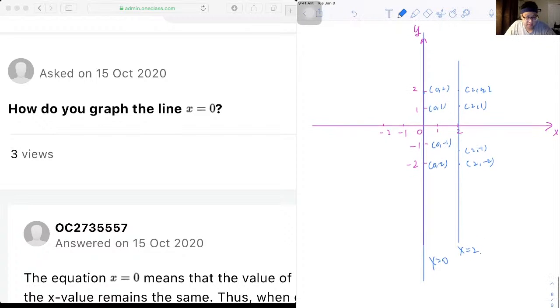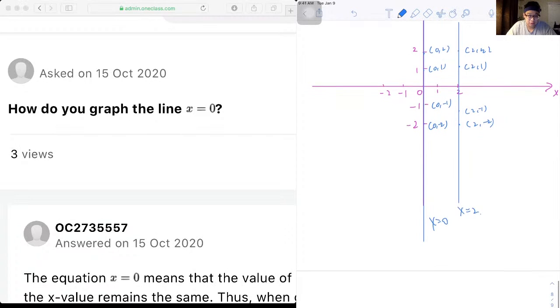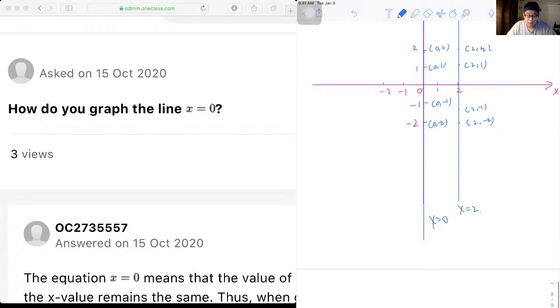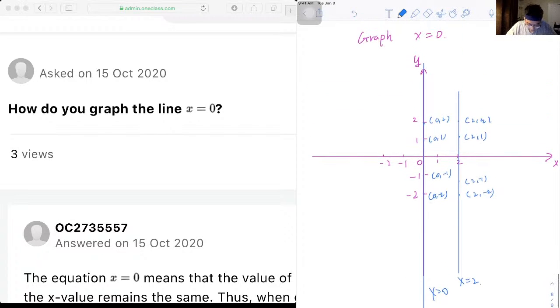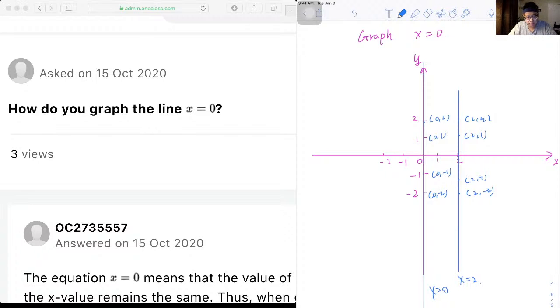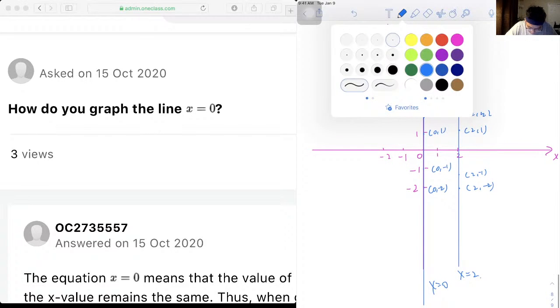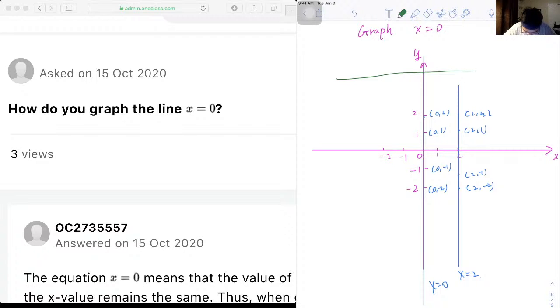And as long as x is equal to something, it's always going to be a vertical line. On the contrary, if it's y equal to something, it's always going to be a horizontal line. Let's use this as an example. Here, let's say 3 and 4, so y is equal to 4.